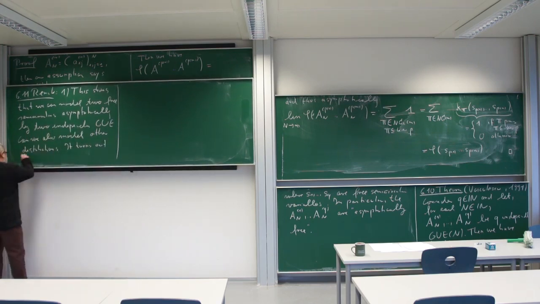So it turns out that in this context we can replace one of the 2 Gaussian random matrices by, let's say, an arbitrary matrix. So the reason that we get asymptotic freeness here is not that we have 2 GOEs, but actually it's enough to have one of them a GOE, and the other can be more or less anything.